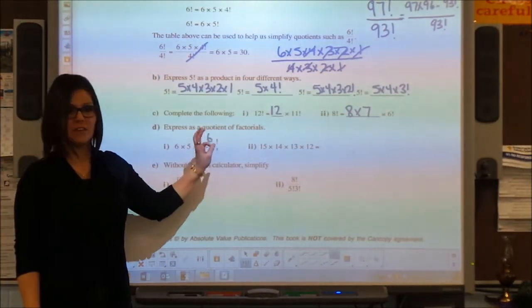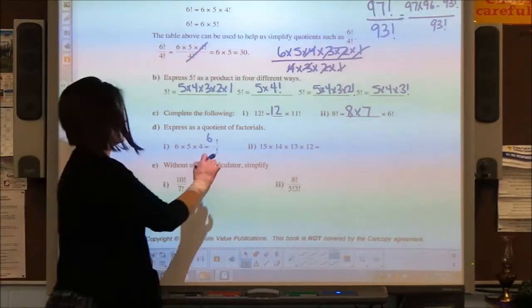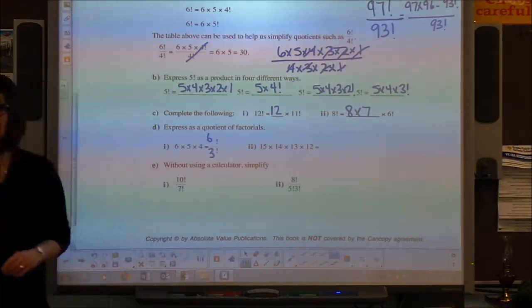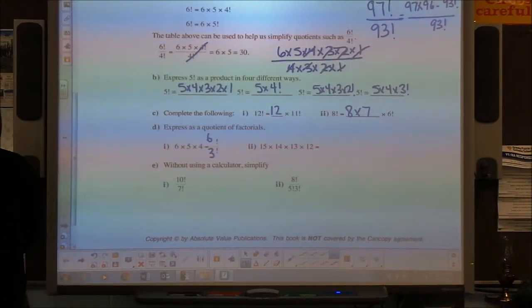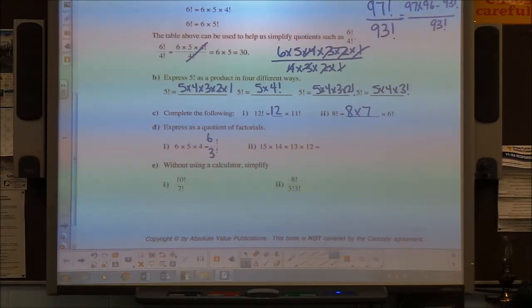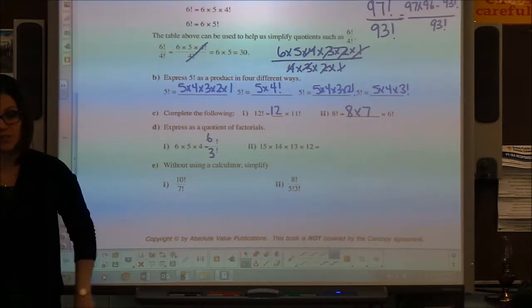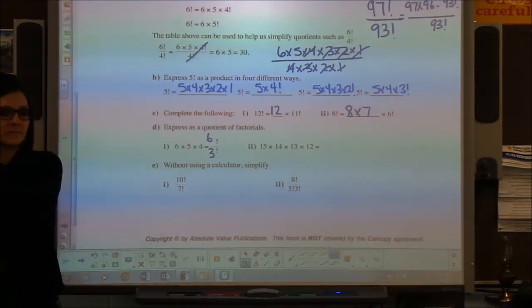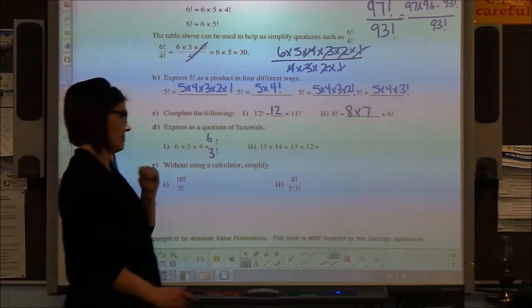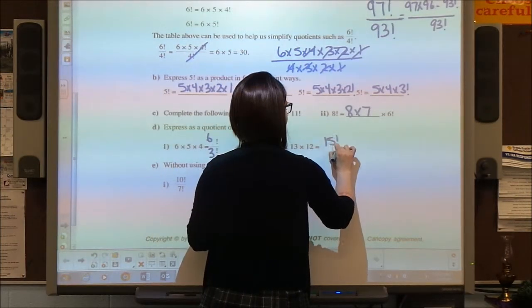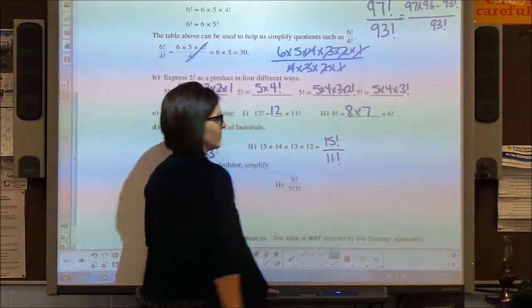I don't have the 3, 2, 1. There's my 3 factorial. So if I have 15 times 14 times 13 times 12, what would that be as a factorial quotient? 15 factorial over 11 factorial. Good.